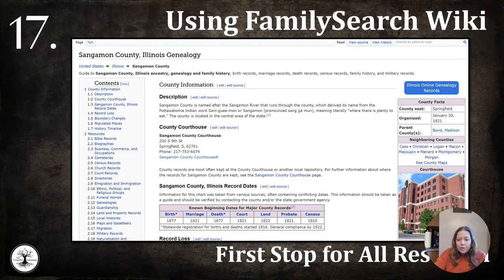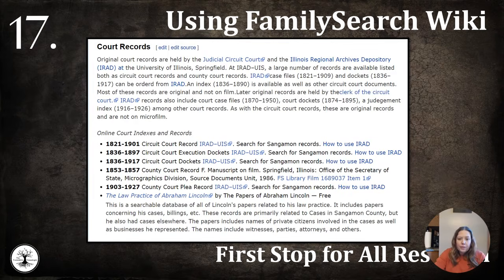You can see right underneath there that statewide registration did not begin until 1916 with general compliance by 1922. This is huge. You can potentially go back to 1877 with births and deaths at the county level.